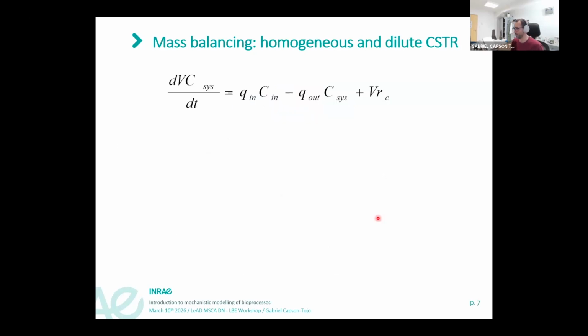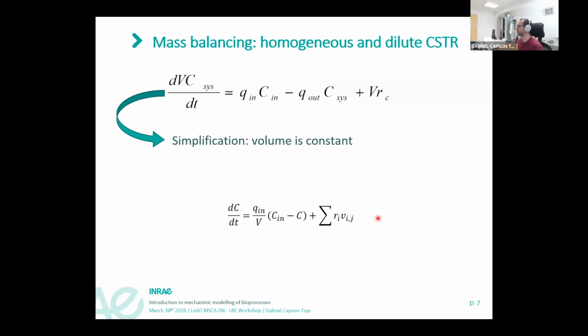This is the equation that I just showed. And what we generally do is we simplify and we assume that the volume is constant, which is fair enough for most of our reactors. And we have what we call the intensive form of our mass balance equations, which is this one here. The only thing that we have done is we just get the volume out of the differential term and we divide all this by the volume.